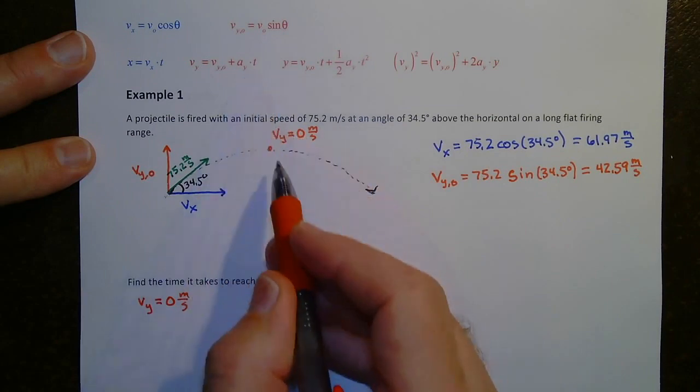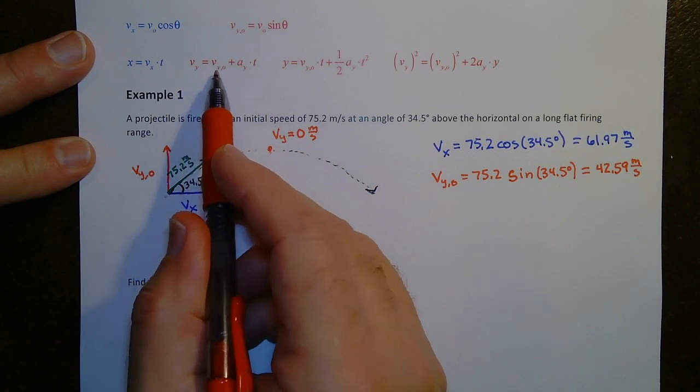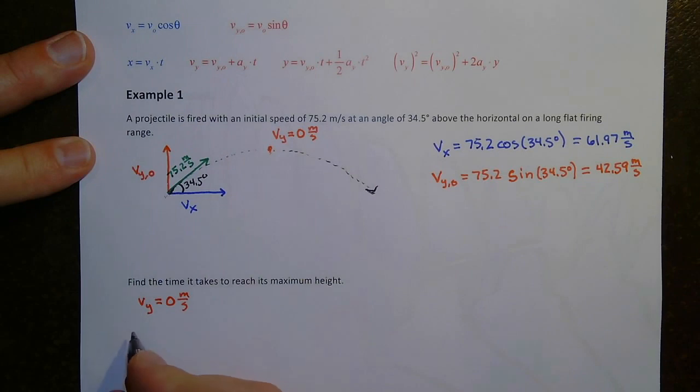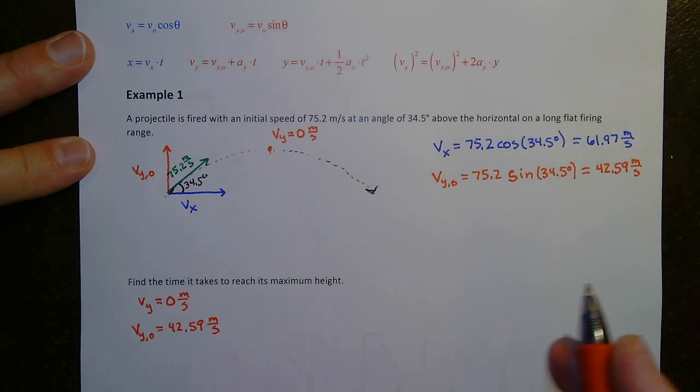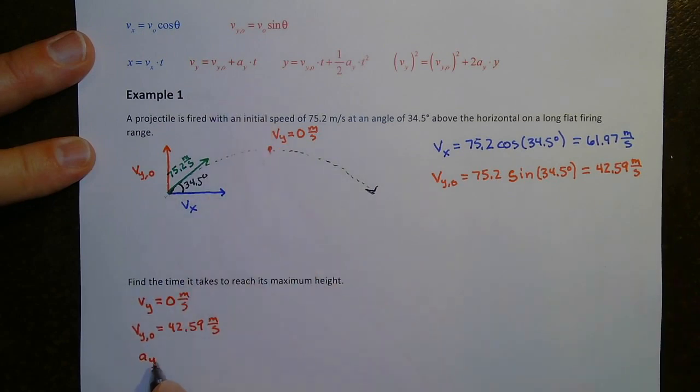Whenever this time is right here, the time it's going to take to reach a 0 velocity, we know our starting vertical velocity is 42.59. So v sub y comma o is equal to 42.59 meters per second. And I know my acceleration in the y direction, that's negative 9.8 meters per second squared. And so all we need to do is figure out time and we'll have it, right?